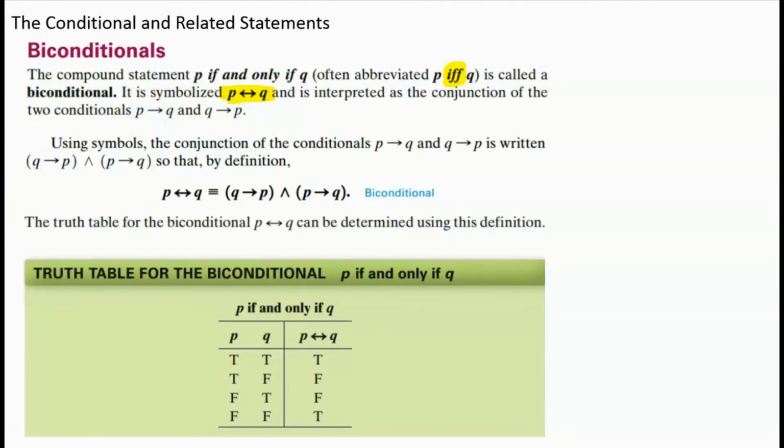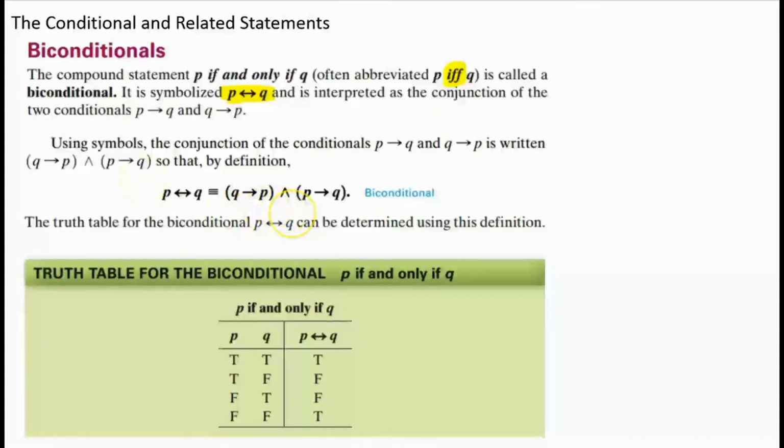But anyway, using symbols, the conjunction of the conditional P implies Q, or if P, then Q, and Q implies P is written as, notice down here in the lower left, if Q, then P, and if P, then Q. By definition, that's what we have.